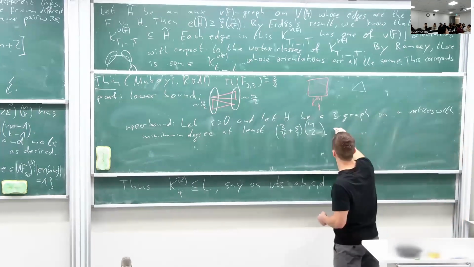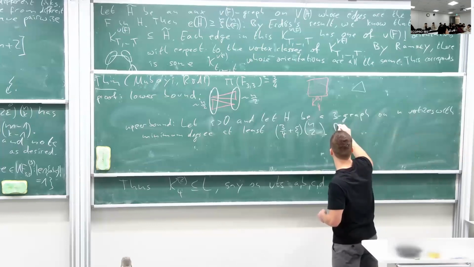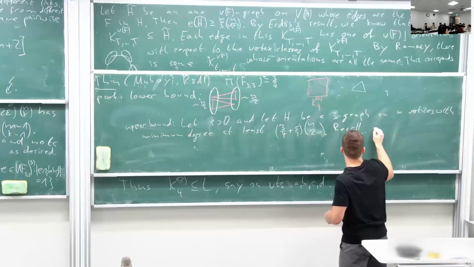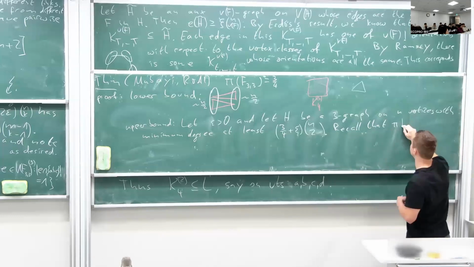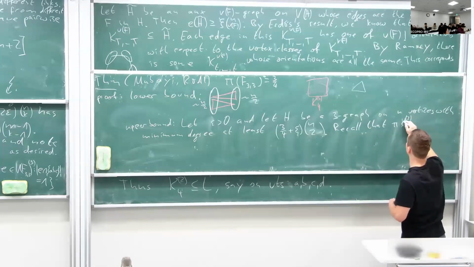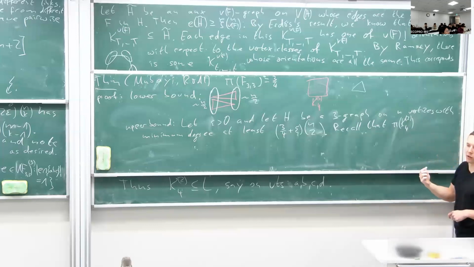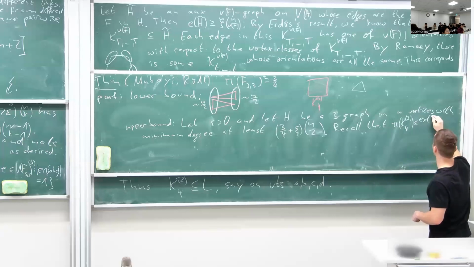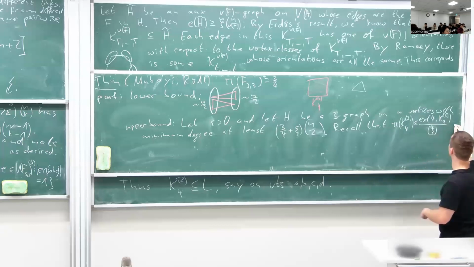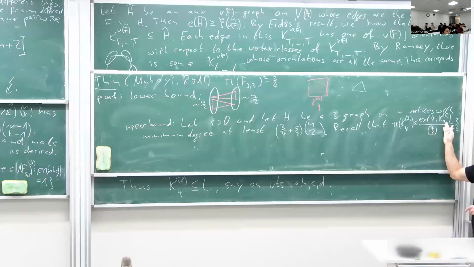So first, recall that we showed actually that the Turán density of the K4 is smaller than 2/3, but you can also just say that this is at most the extremal number on 4 vertices divided by what you see, and this is important. Okay, because we have this monotonicity argument.